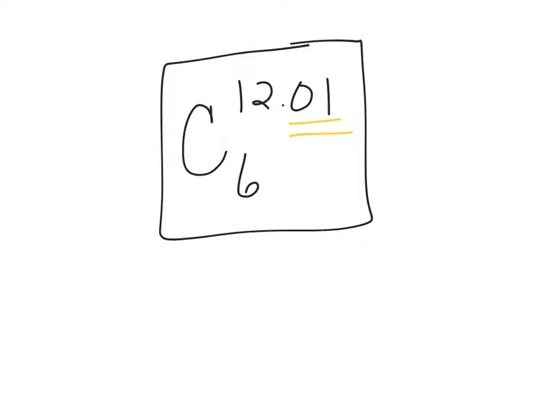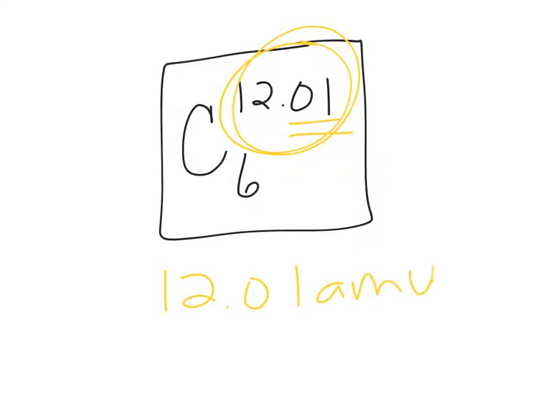So when you weight the average and you put more emphasis on the carbon that there's more of, which is carbon 12, you get an average mass that's closer to that value. So we say that the average mass of a carbon atom is 12.01 atomic mass units. If we look at this same symbol and we want to use that mass number to get protons and neutrons, we would just round it off to 12 and then subtract the atomic number from that 12 to get the number of neutrons.